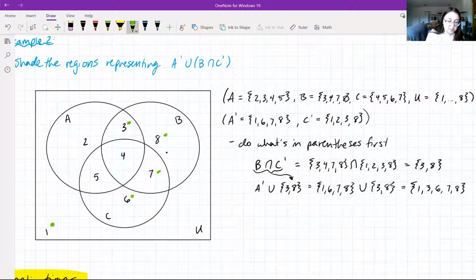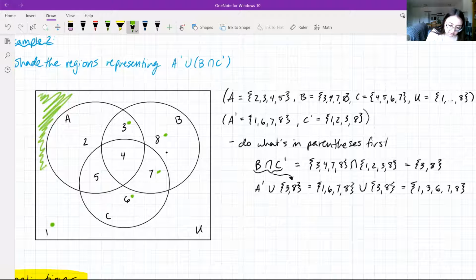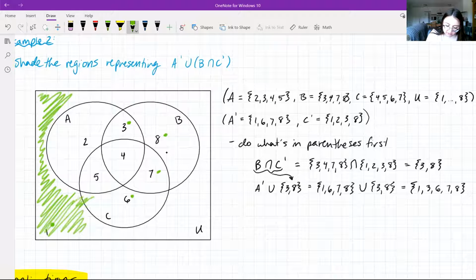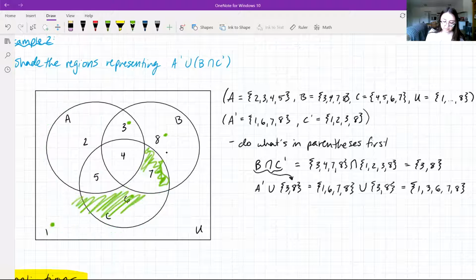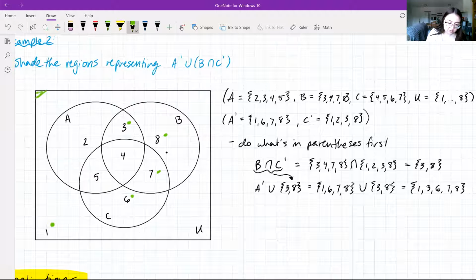So now we just get to shade it in. So not in region 2, so we can't shade in region 2, but we can shade in region 1. We also have region 6 and 7. And you can shade them all in separately too. So let's do that actually. So let's just start with region 1. So we just shaded all of region 1, ignoring anything else.